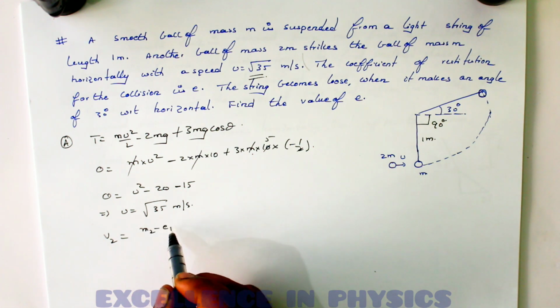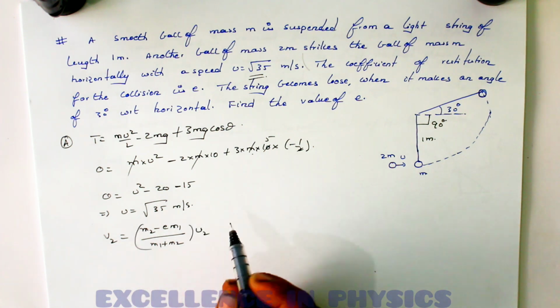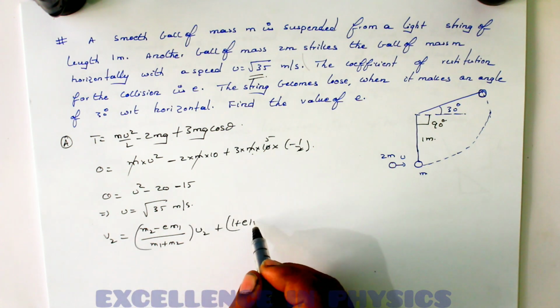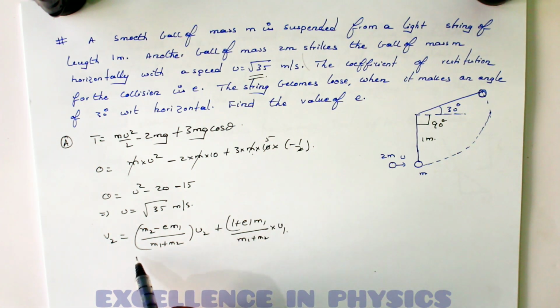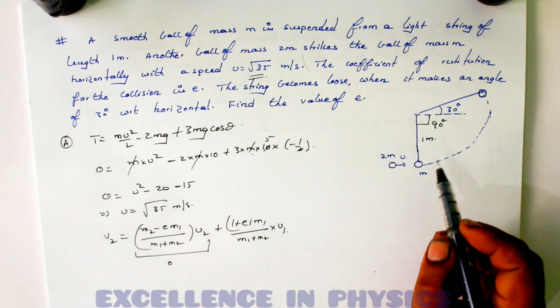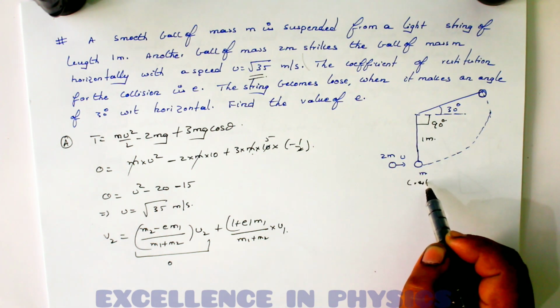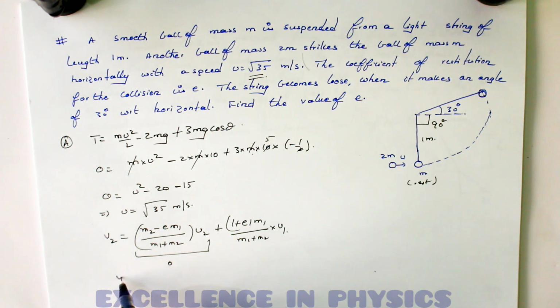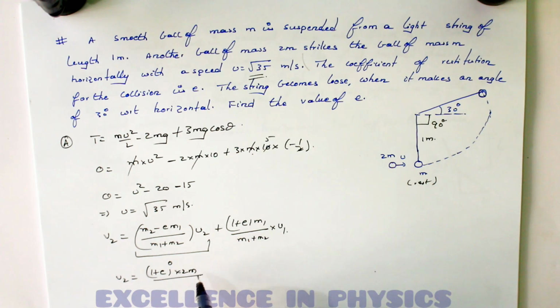So v2 is equal to (m2 minus E into m1) divided by (m1 plus m2) into u2, plus (1 plus E) into m1 divided by (m1 plus m2) into u1. This first term becomes 0 because u2 is 0. What is u2? This is the initial velocity of the second ball. Before collision it was at rest. So v2 will be equal to (1 plus E) into the mass of the first ball, 2m, divided by 2m plus m, which is 3m, into u1.